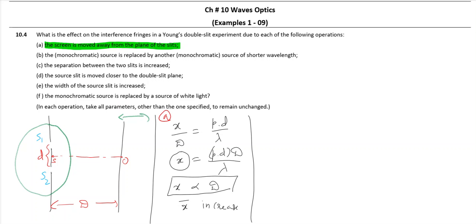Second one, the monochromatic source is replaced by another monochromatic source of shorter wavelength. Now again, I would go by the same formula. Look at the formula.